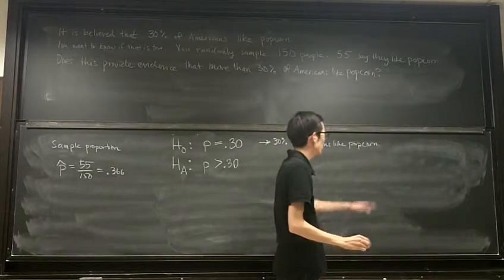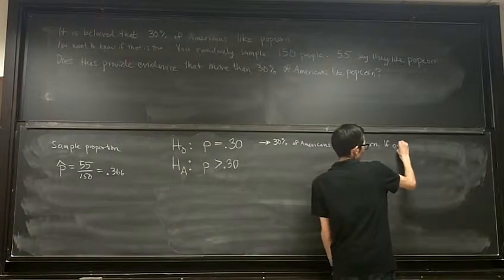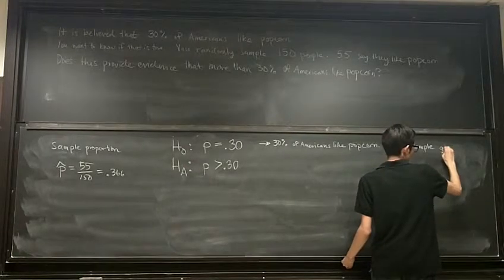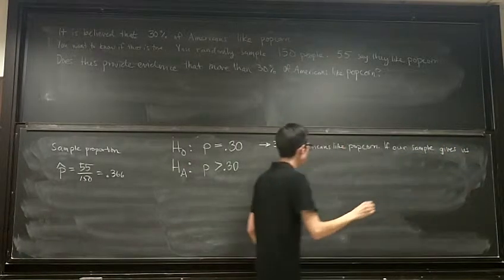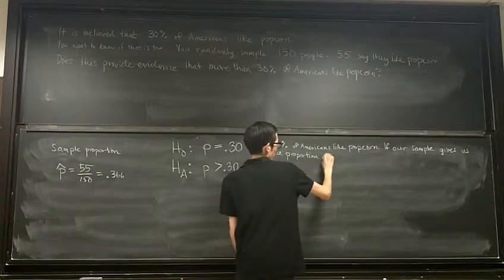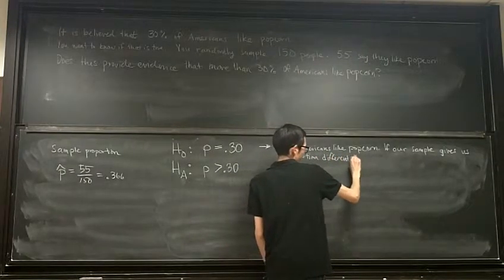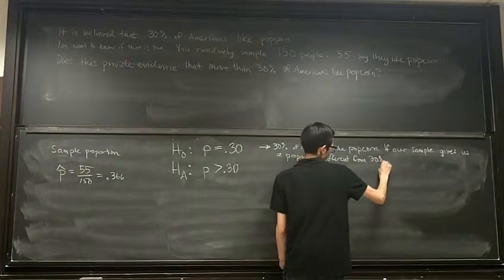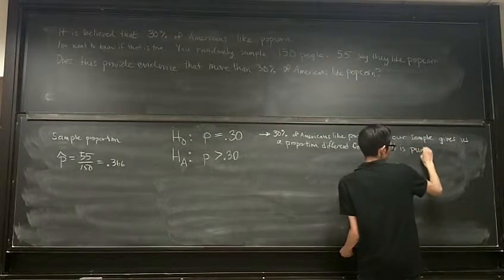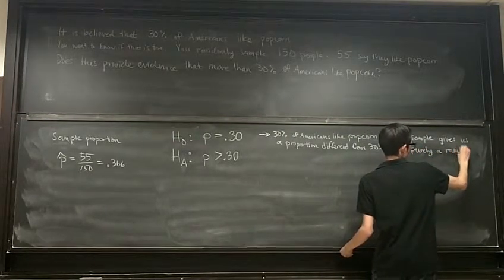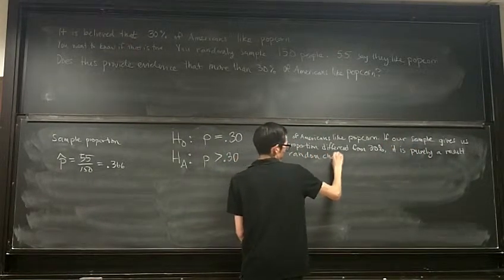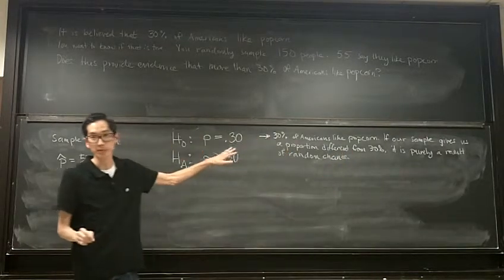And what it implies is that if our sample gives us a proportion different from 30%, it is purely a result of random chance. That's what the null hypothesis implies.